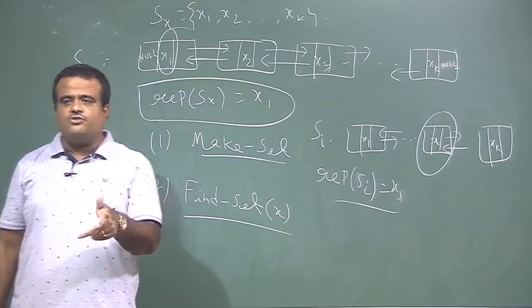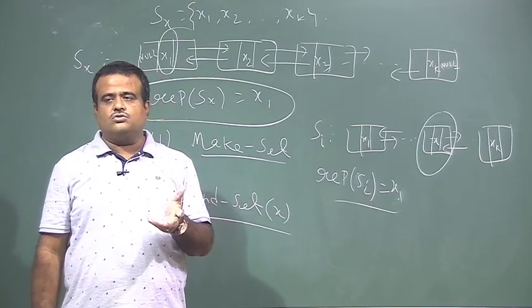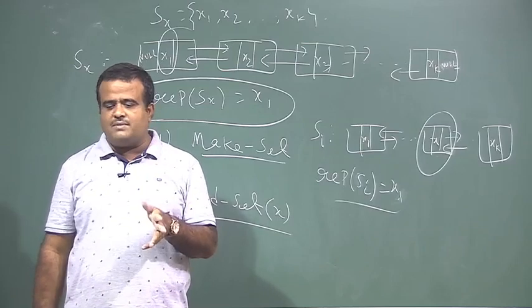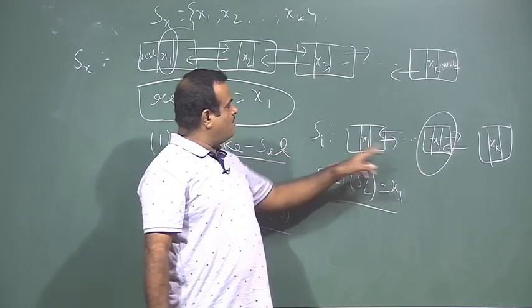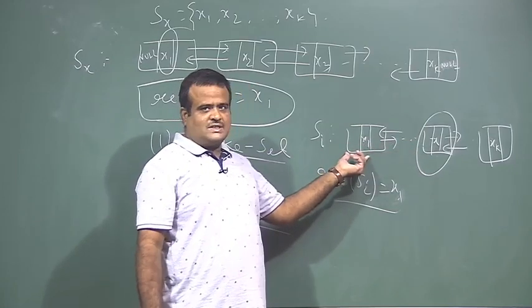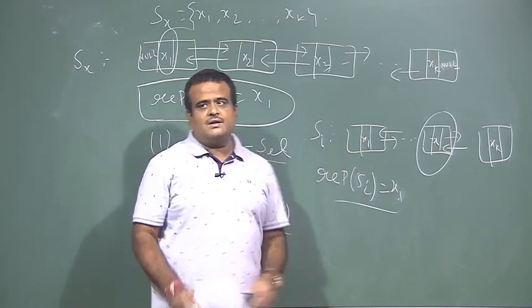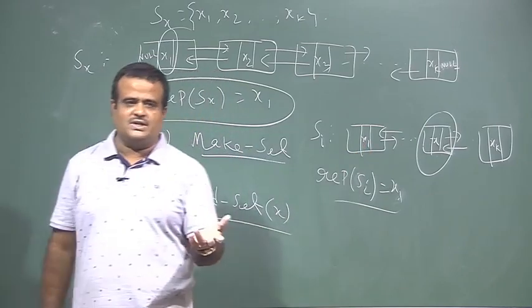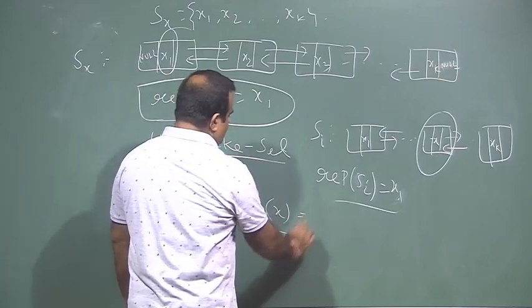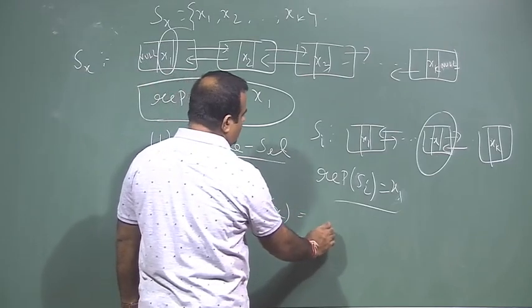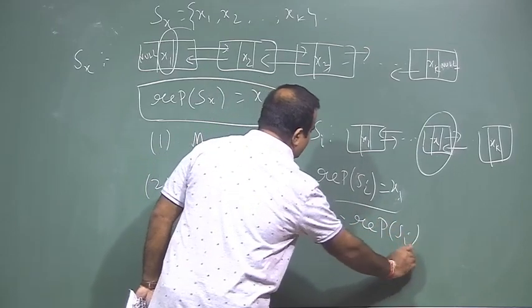Now we need to get the representative element of this set, which is the first element. To reach the first element, we travel the list backward and check whether this is the first element or not. This is our x 1, we return x 1, the first element, and that is the find set operation. So, we return x 1, which is basically the rep of x i.